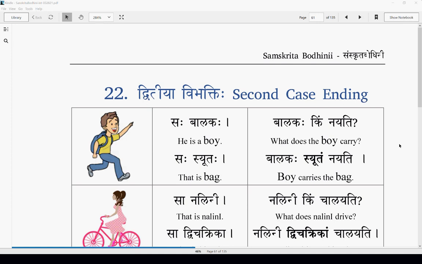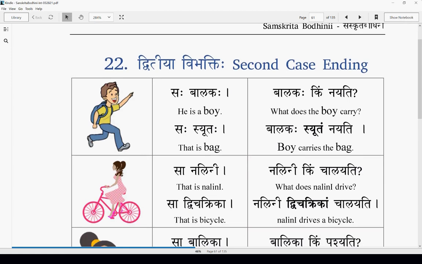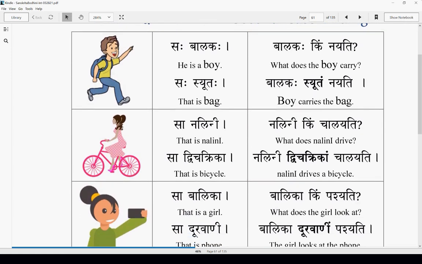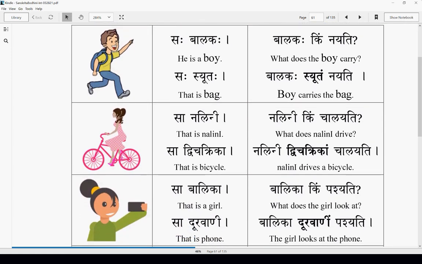The first one. Who wants to read? Who wants to read this? Mangala Bhagini.